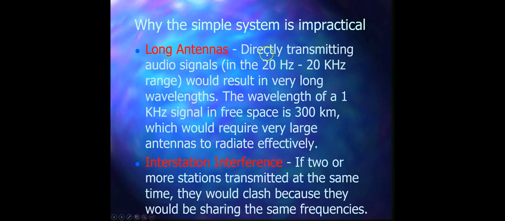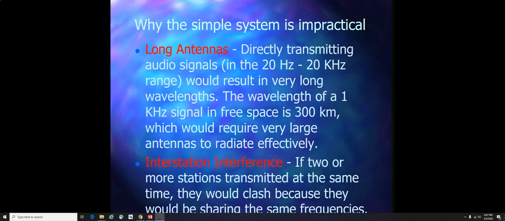Directly transmitting audio signals in the 20 hertz to 20 kilohertz range would result in very long wavelengths. The wavelength of a 1 kilohertz signal in free space is 300 kilometers, which would require very large antennas to radiate effectively. So here we see the problem that it would be nearly impossible to build a transmitting antenna to work with this system.